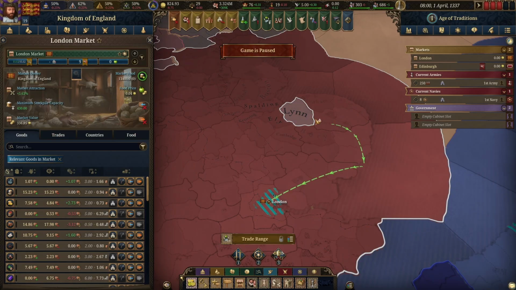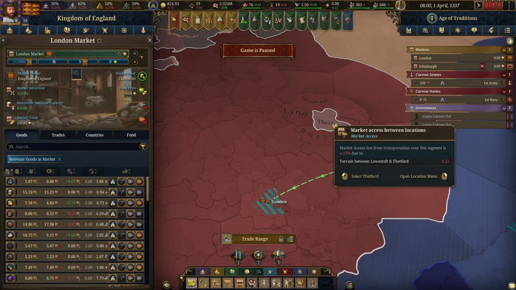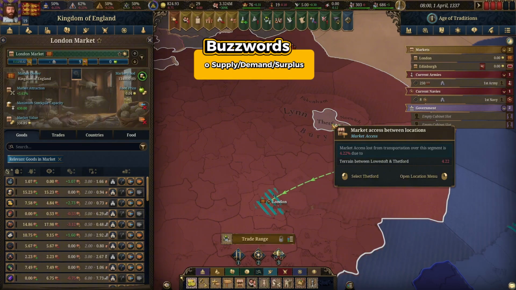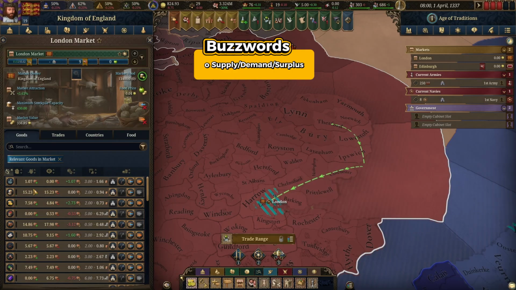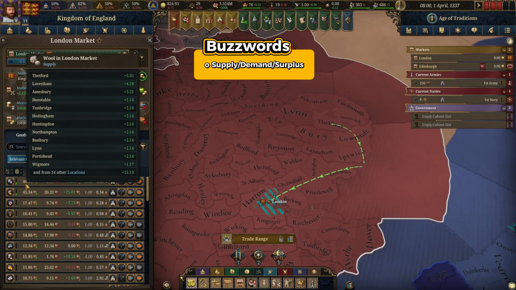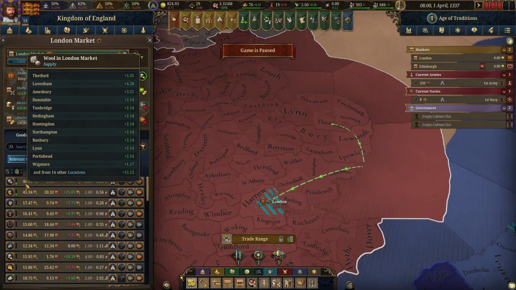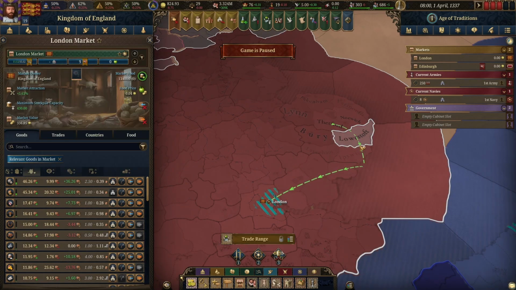So goods and resources are produced at the location level and then sent to the market center, contributing to your supply. Thetford and all these other locations in the market are sending supply to the market, and Thetford is sending 5.35 wool to the market by this route here.